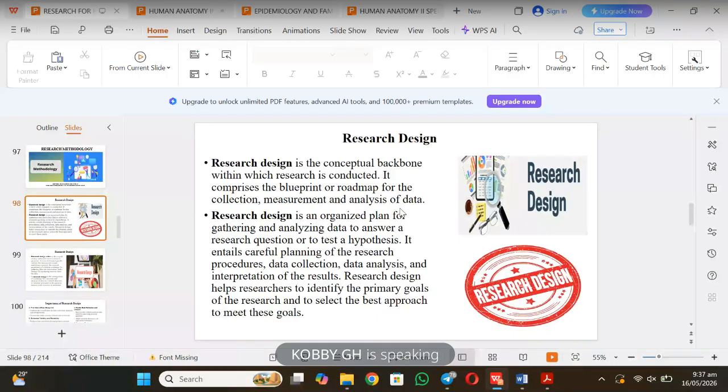For example, if you go to Dansoman Polyclinic to do a retrospective study to know the typhoid fever cases reported in the hospital in the year 2024, and you want the residency of the patient, but the nurses did not record the residence, you'll be forced to work with what they recorded. So there can be selection bias.